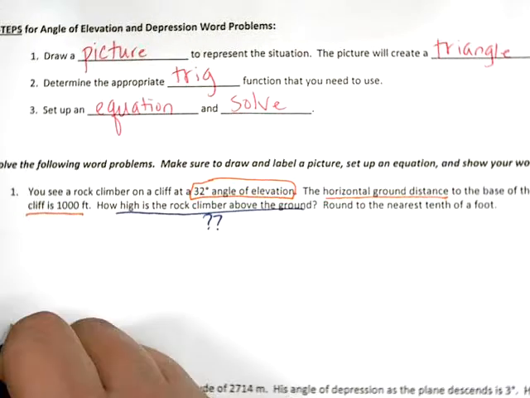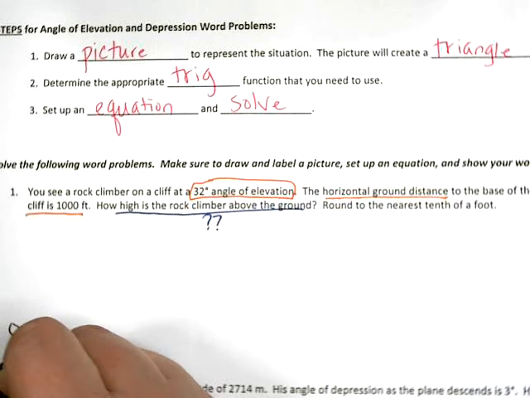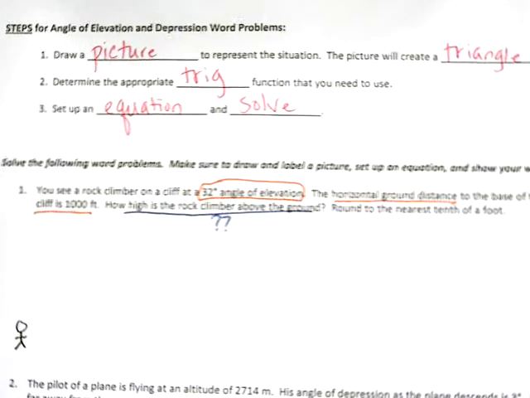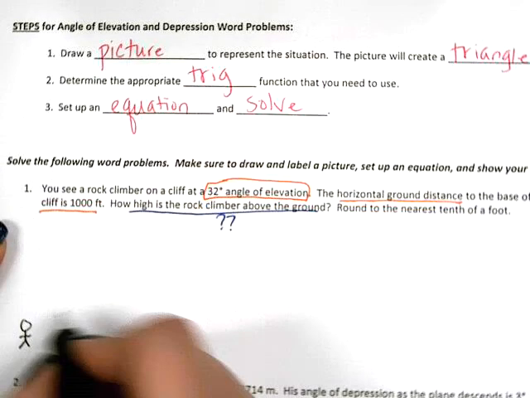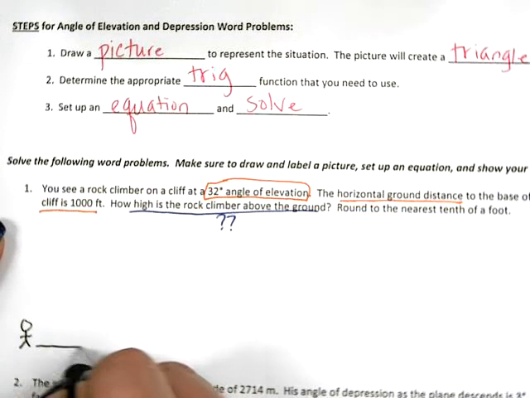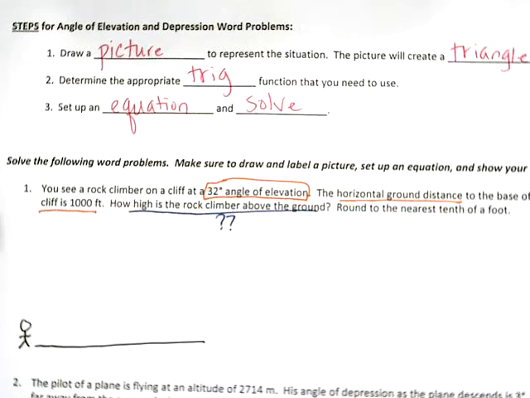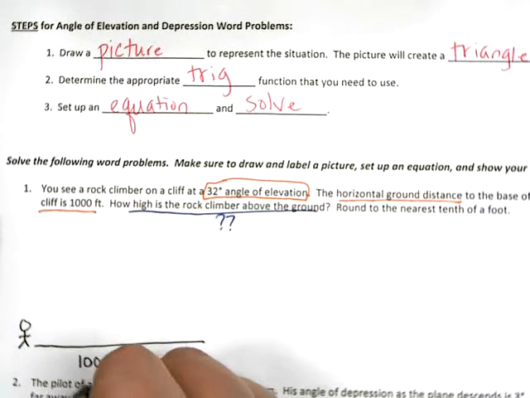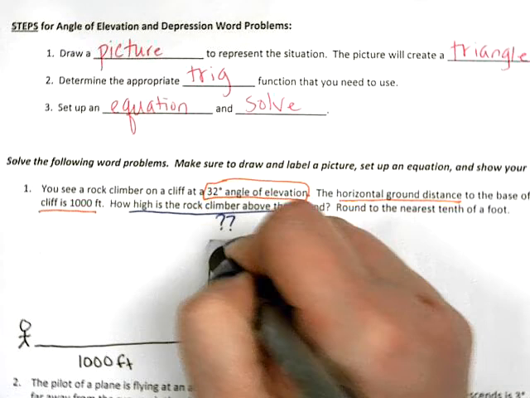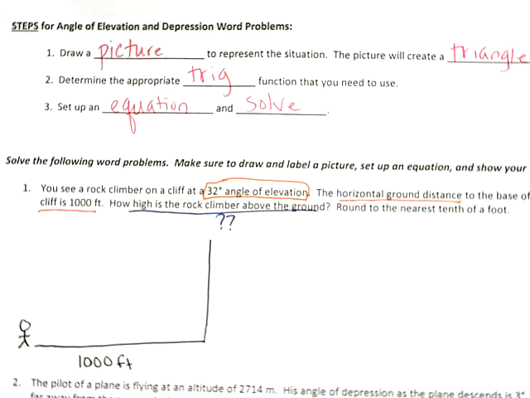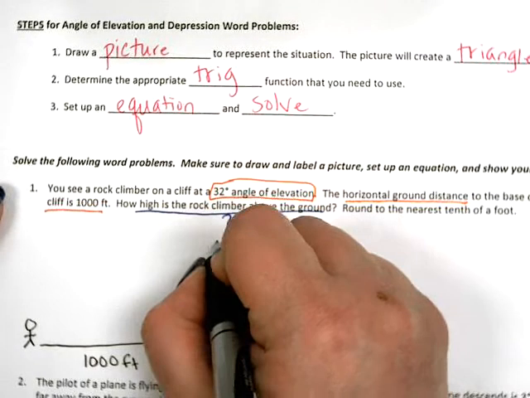All right. So here's you as a person. Okay. Lovely little guy right here. And you're walking along, okay, and you are standing 1,000 feet from the base of this cliff, okay, and you see a rock climber up here.